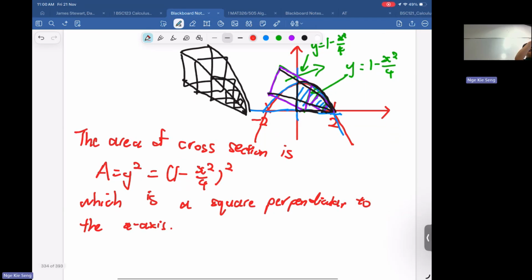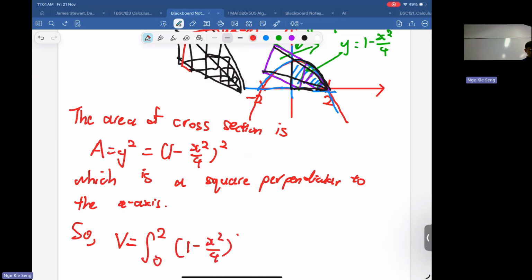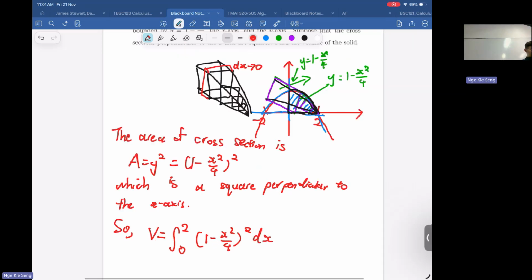If you want to put a bunch of squares together, actually it's not a square, and it's not a cube either, because we want this dx to go to 0. So our V is equal to the integral from 0 to 2 of this area times dx.